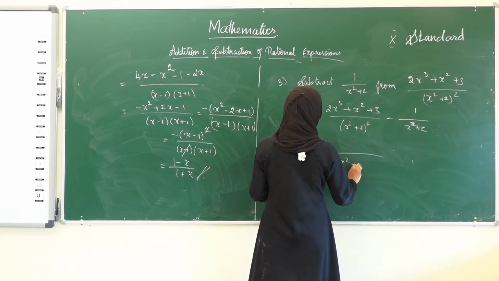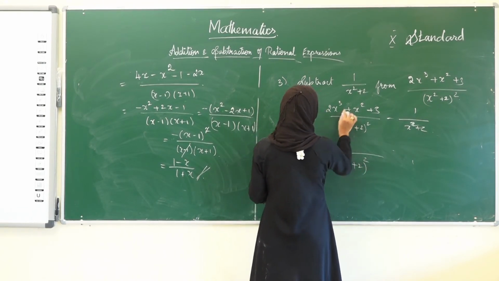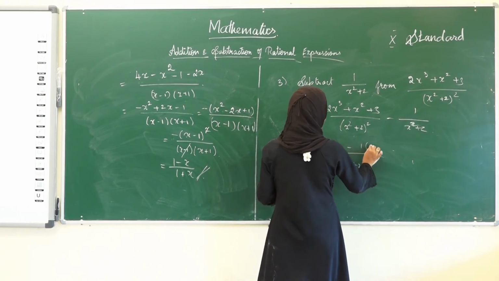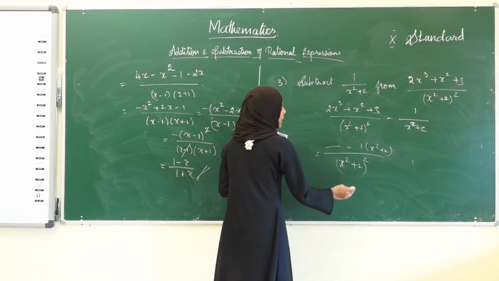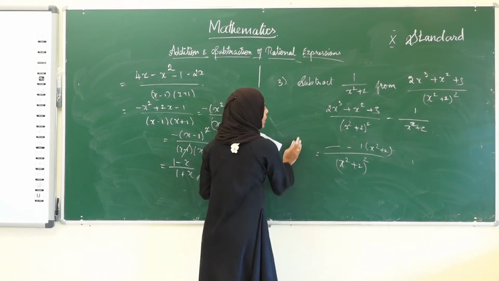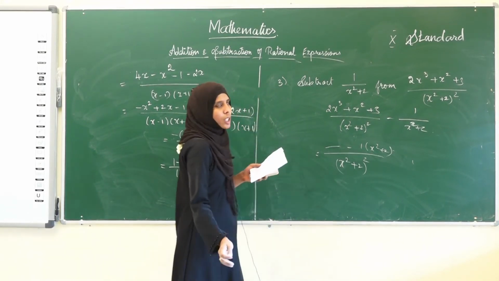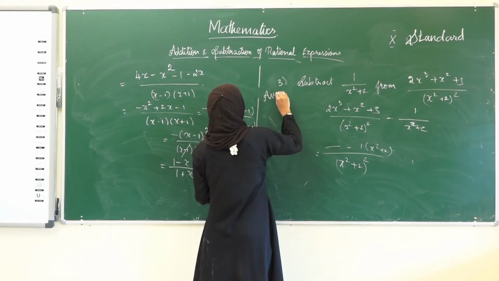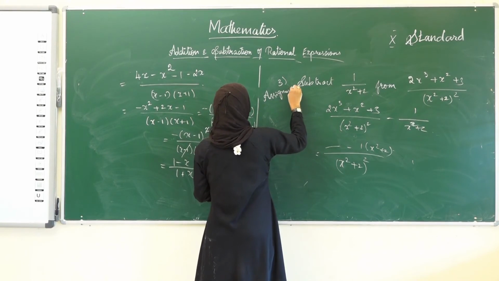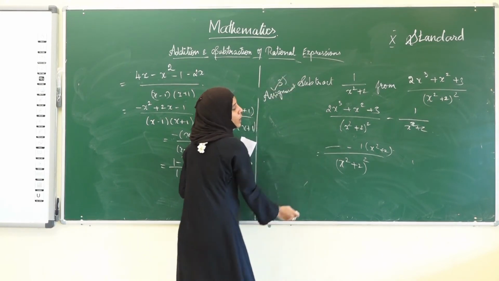Denominator will be x square plus 2 the whole square. So this term gets as it is, minus 1 into x square plus 2. Now you solve the numerator and take the denominator as it is, then the resulting expression you should reduce it, then you will get the answer. This will be assignment for you. I have given you some hint how you have to proceed.